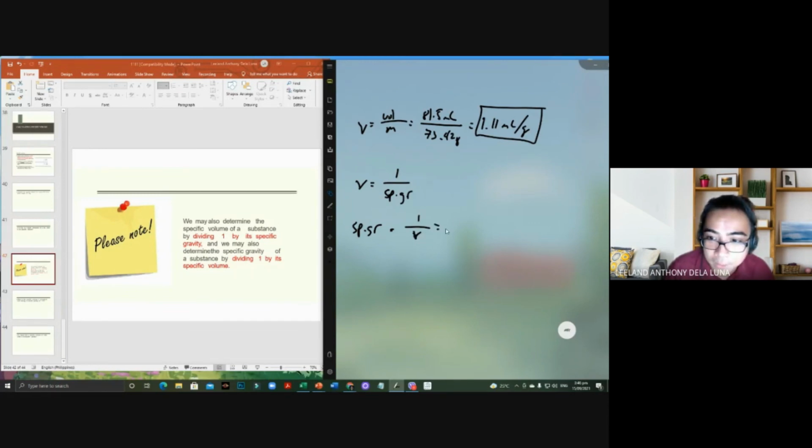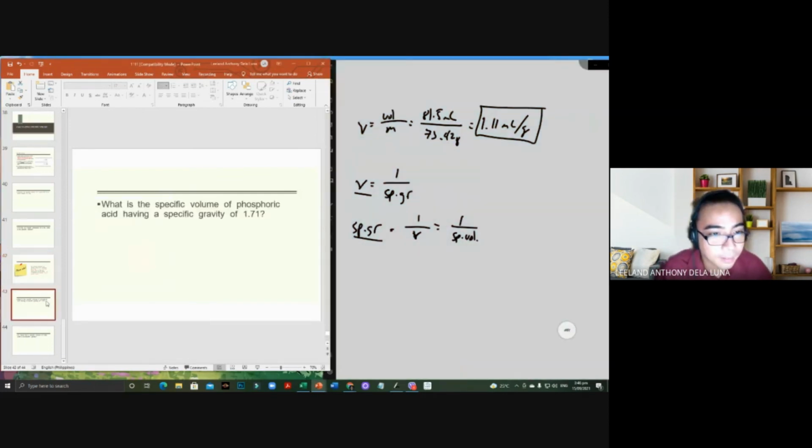Okay? So, ito nga natin, specific volume is 1 divided by specific gravity, and specific gravity is 1 divided by specific volume. Like, say, for example, what is the specific volume of phosphoric acid having a specific gravity of 1.71?